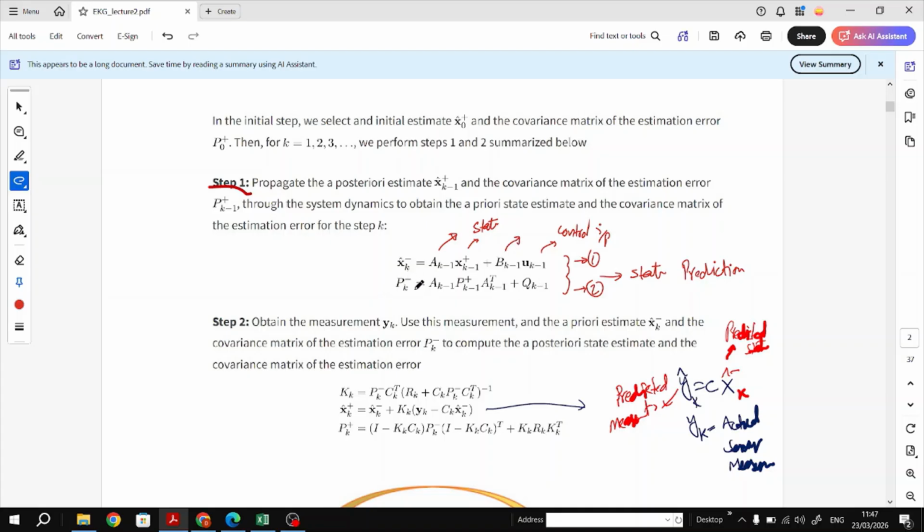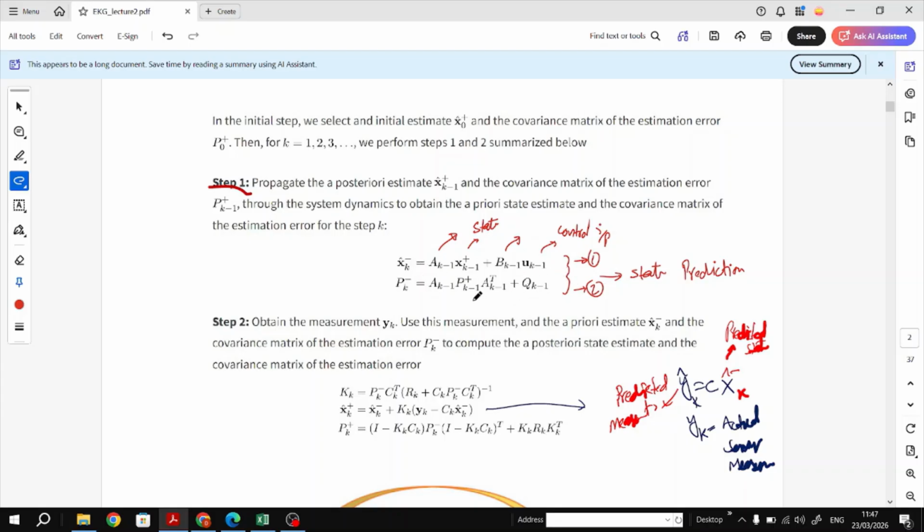Equation number 2 gives you the formula to predict your state error covariance. In the Kalman filter, we not only predict the state, but also produce this state error covariance matrix, which shows the uncertainty in your predictions. So this is the formula for equation number 2.